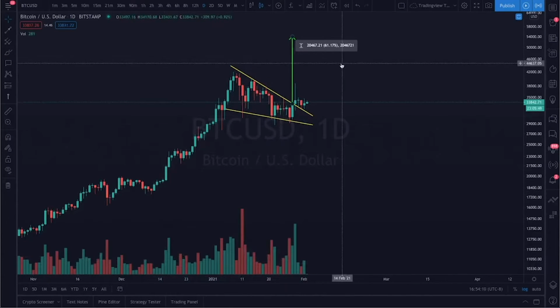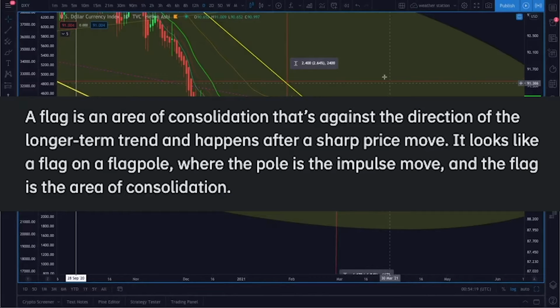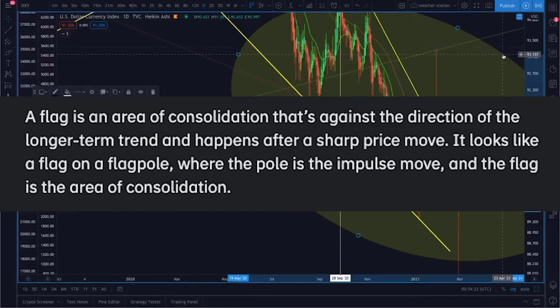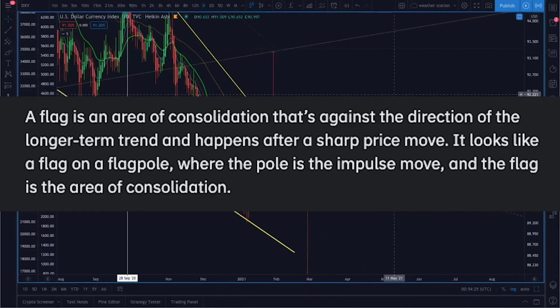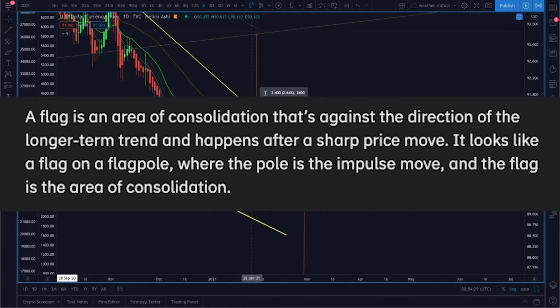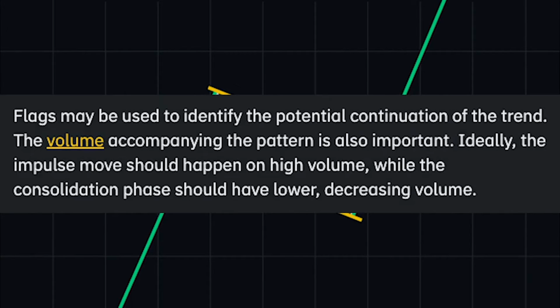Now, let's go ahead and get started on some of the most common chart patterns that we can trade to make a profit. So flags. A flag is an area of consolidation that's against the direction of the longer term trend and happens after a sharp price move. It looks like a flag on a flagpole, where the pole is the impulse move and the flag is the area of consolidation. Flags may be used to identify the potential continuation of the trend.